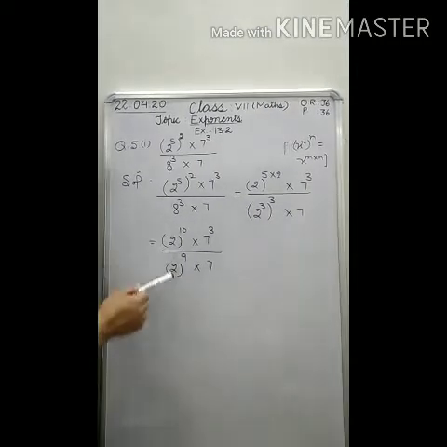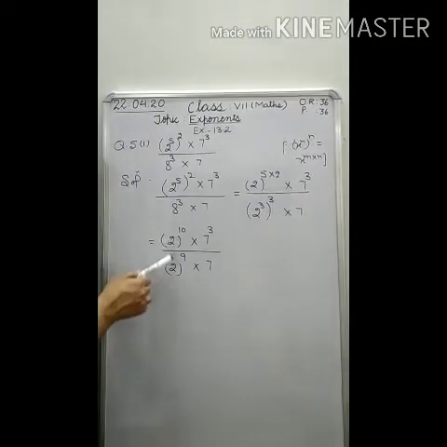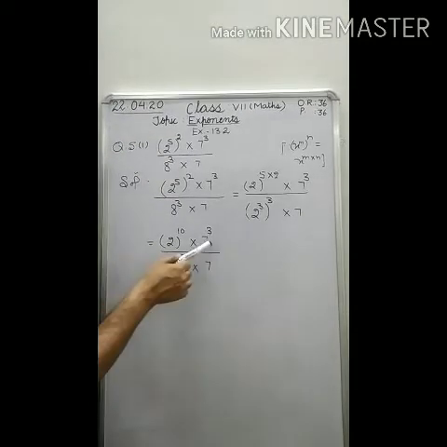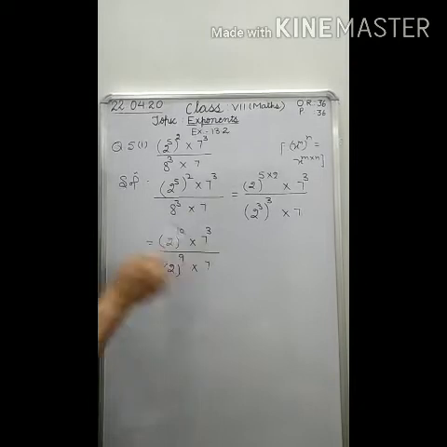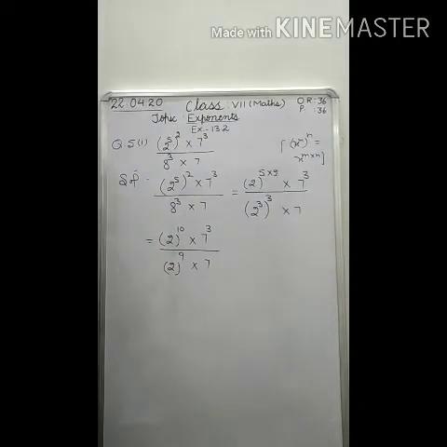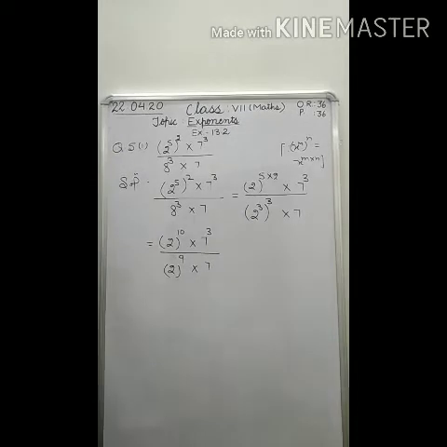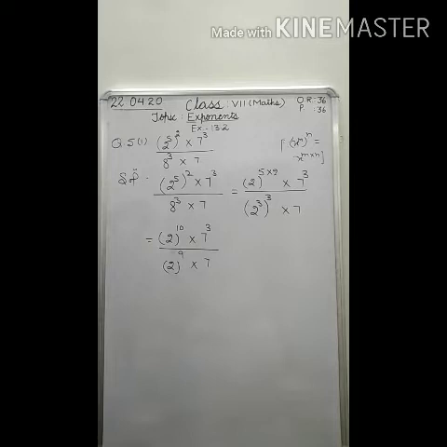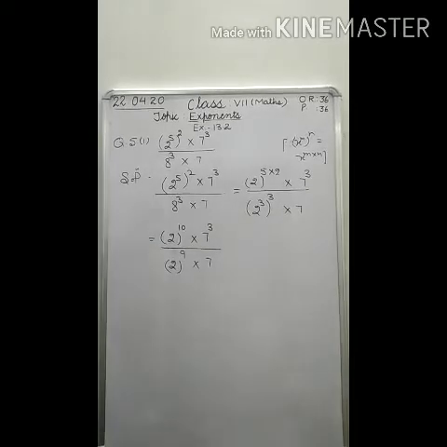Now just see these two terms. Here bases are the same and powers are different, and the same is the case here. Here also the base is the same and the power is different. So what identity will you use? You have to use x raised to the power m upon x raised to the power n, which is equal to x raised to the power m minus n.